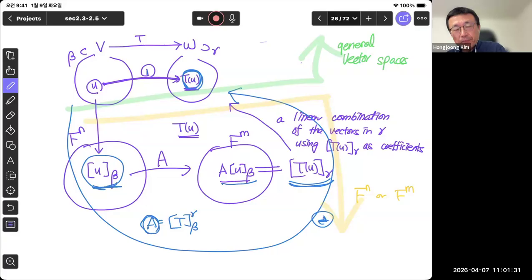But here at the bottom, we play with just numbers. A is a matrix with numbers, and these vectors are also vectors with numeric values. So that's why we sometimes consider the second approach a detour, instead of the first one.